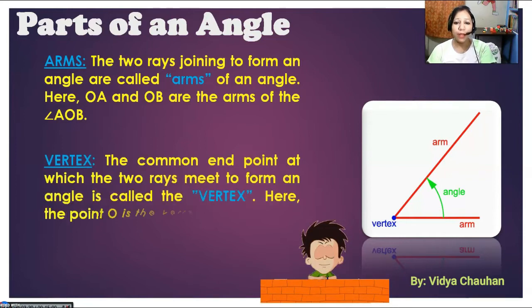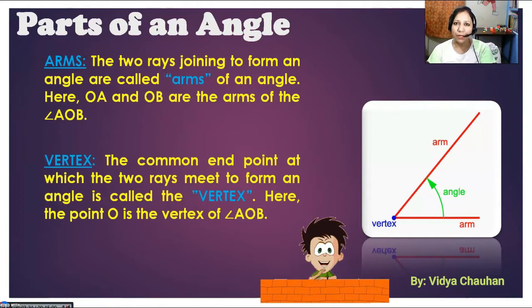The common end point at which two rays meet to form an angle is called the vertex. In angle AOB, O is the point where ray OA and ray OB are meeting. So that is our vertex. I hope these two parts are clear.